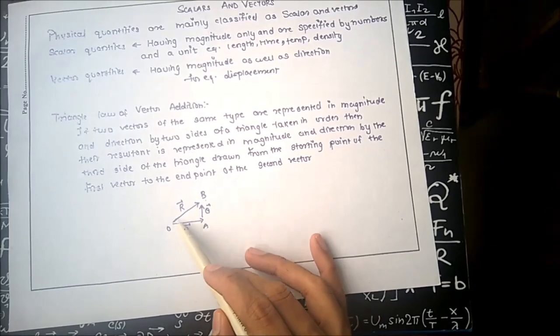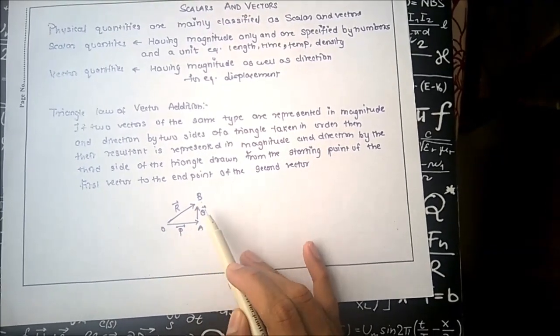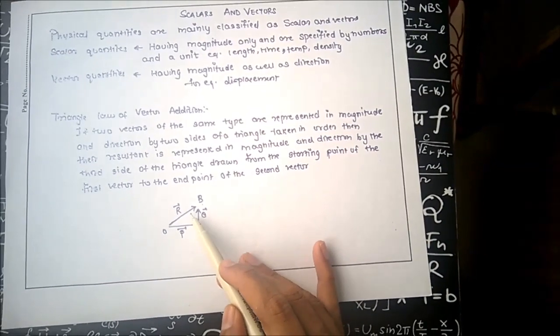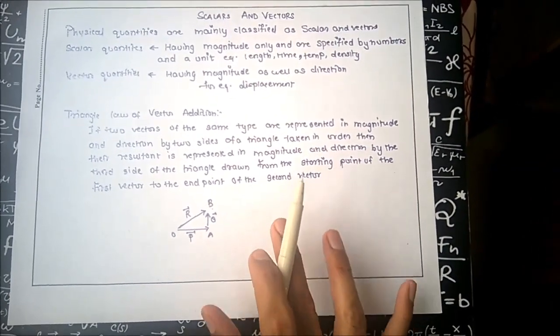So vector r is the resultant of vectors p and q. So p bar plus q bar gives you r bar. This is the triangle law of vector addition.